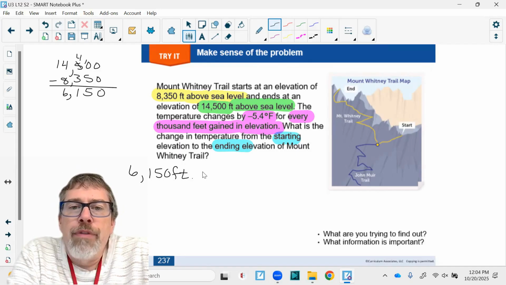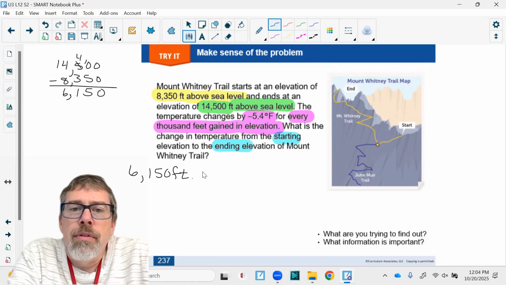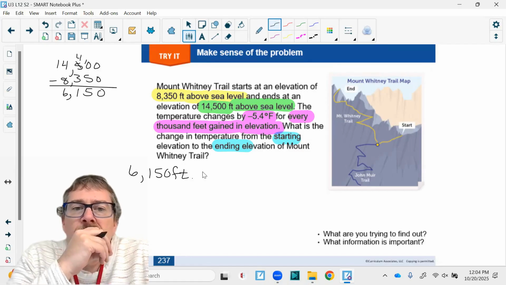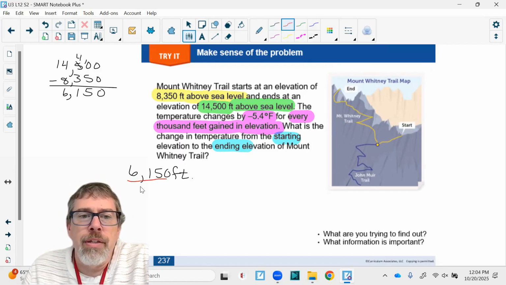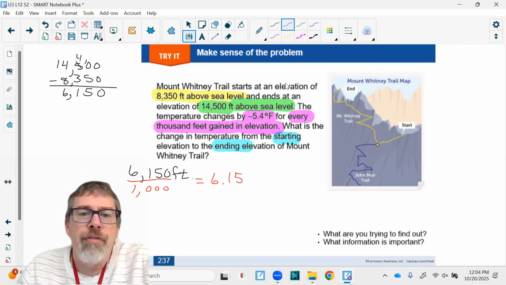So then every 1,000 feet, so what is the change in temperature? We now have to divide this by 1,000. Okay, so what I'm going to do is just go like this, divided by 1,000. What that does is move the decimal place 10th, 100th, 1,000th. That's going to be 6.15.